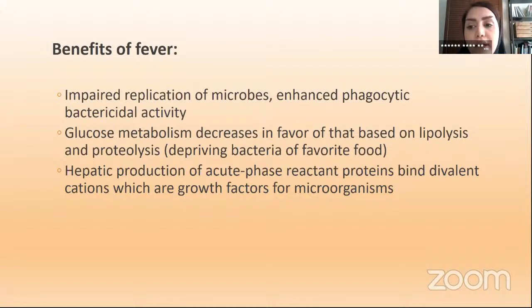As you know, fever is one of our immune mechanisms against bacteria, viruses and infections. So it has some benefits. Impaired replication of microbes, enhanced phagocytic bactericidal activity, and also glucose metabolism decreases in favor of lipolysis and proteolysis, actually depriving bacteria of their favorite food.